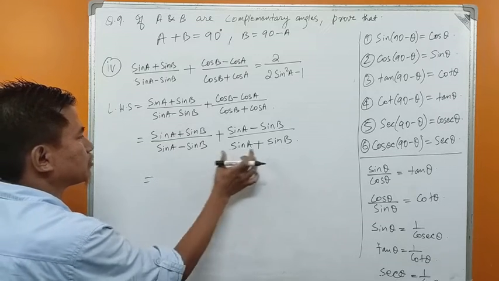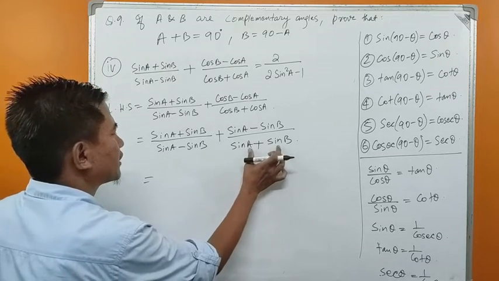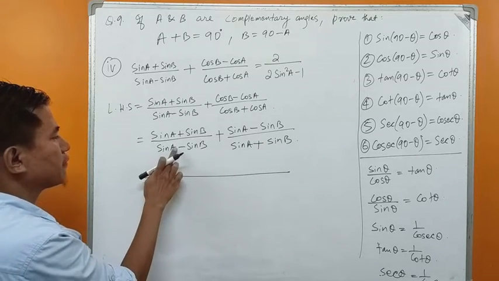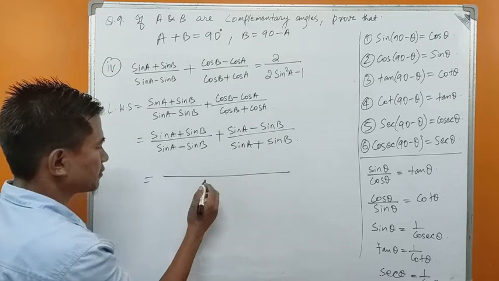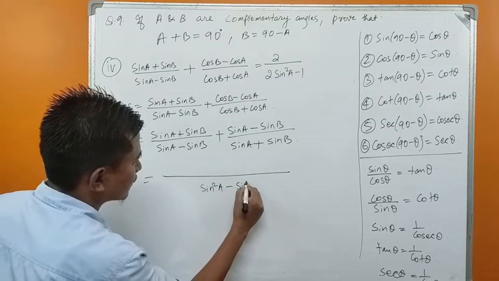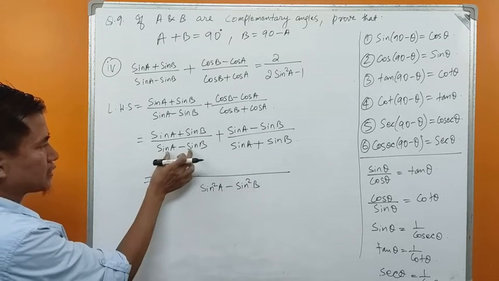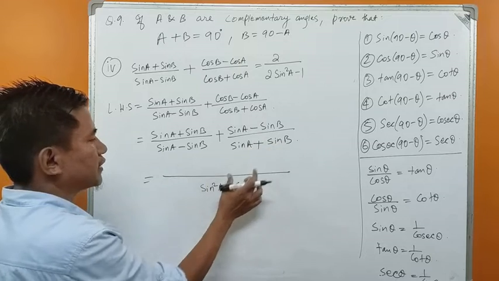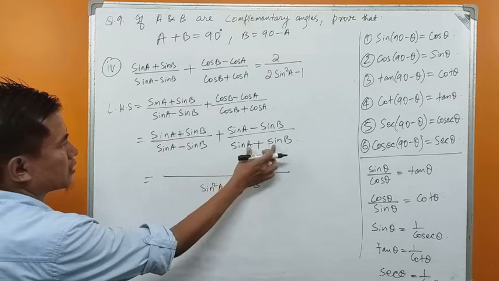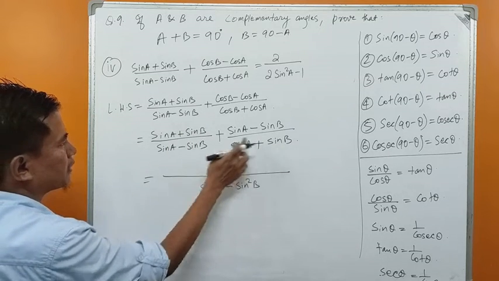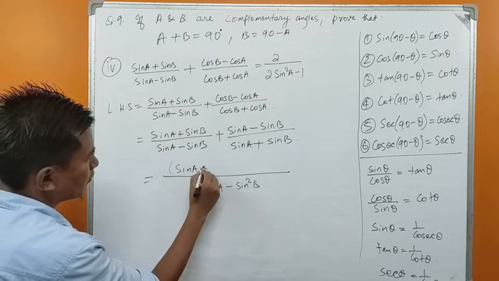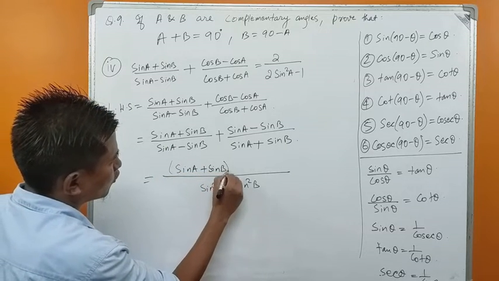We must multiply these two numbers, sin A minus sin B and sin A plus sin B. When we multiply these two numbers, what we get is a minus b into a plus b, which means a square minus b square, so sin square A minus sin square B. So sin A plus sin B into sin A plus sin B means sin A plus sin B whole square, isn't it?